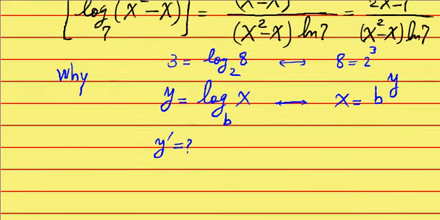So I go ahead and say if x is equal to b to the y, then the derivative of the left has to be the same as the derivative of the right. The derivative of x is 1. Now the derivative of b to the power of y. Take you back to this item, derivative of b to something.